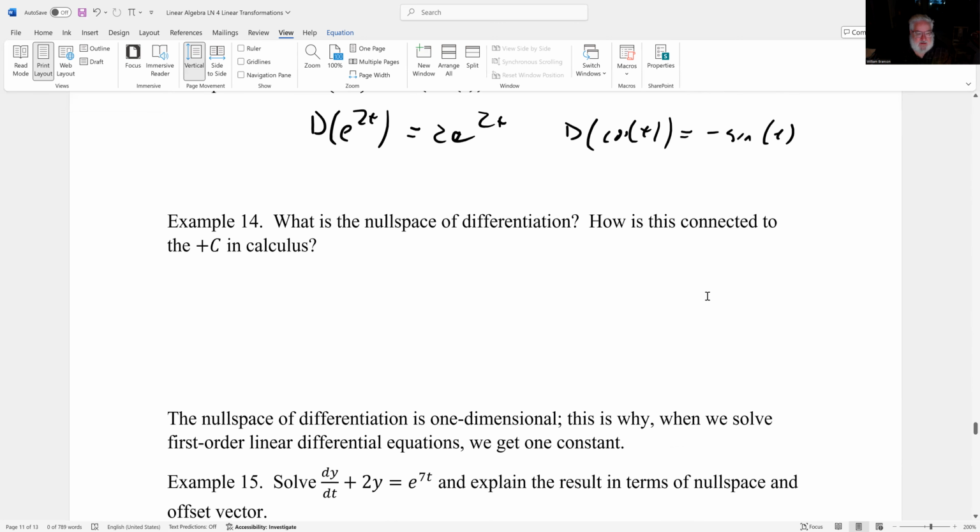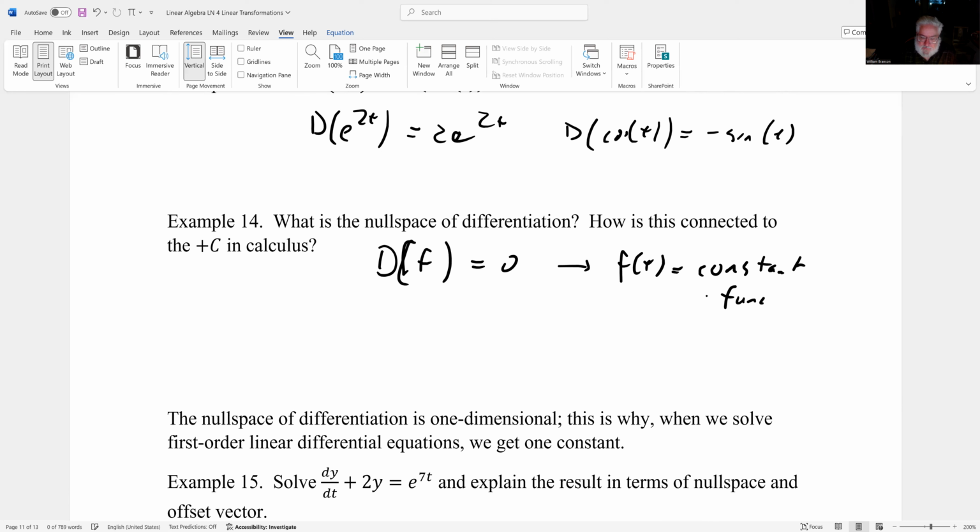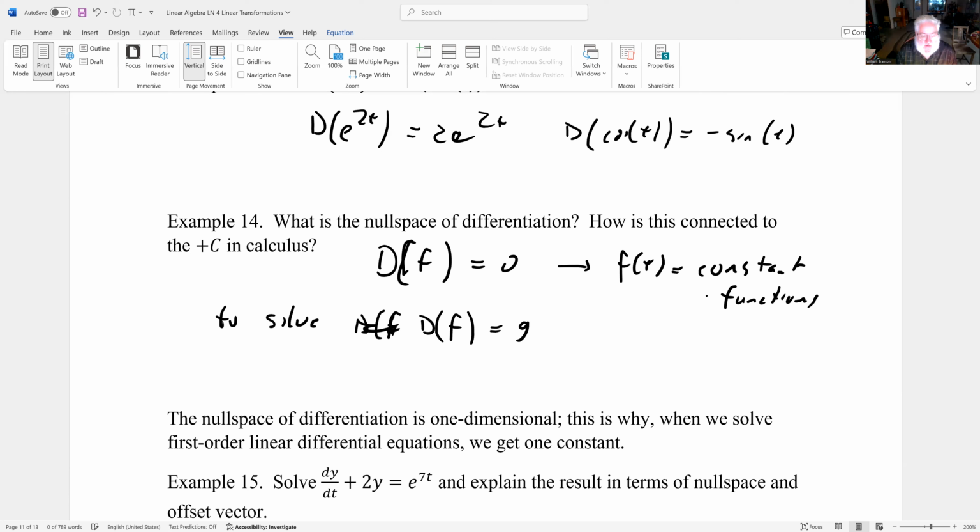What's the null space of that? Well, the null space is where the derivative of a function equals 0, and we know what that is. That's the constant functions. So what does that have to do with the plus C in calculus?